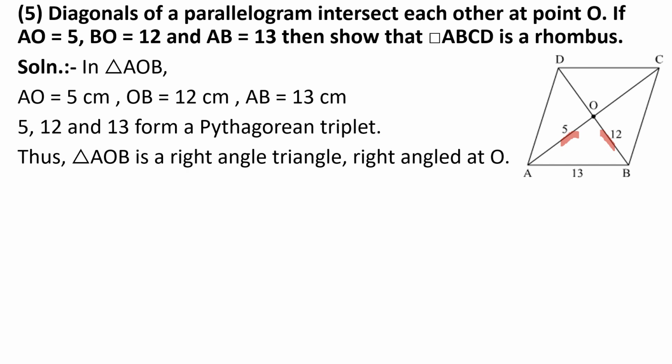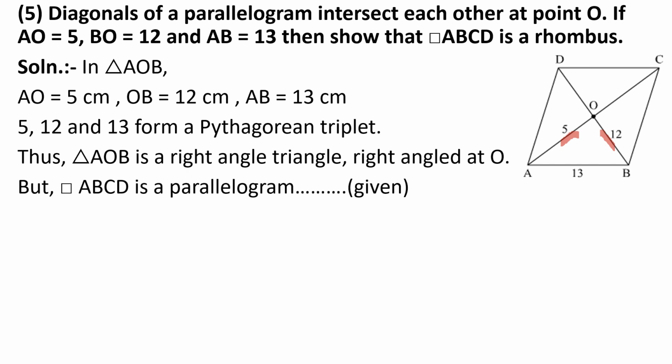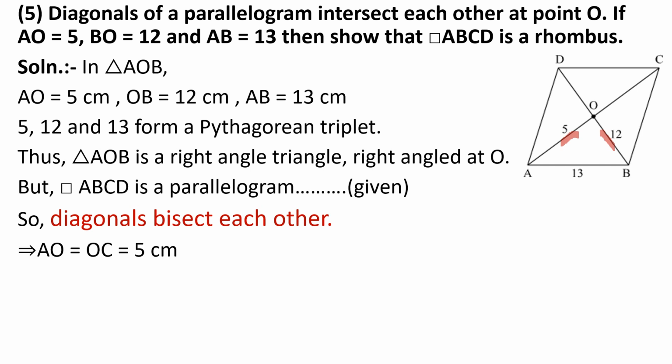Right angle at O. But quadrilateral ABCD is a given parallelogram. Diagonals of a parallelogram bisect each other, meaning AC and BD bisect at point O. So AO equals OC equals 5 centimeters and OB equals OD equals 12 centimeters.